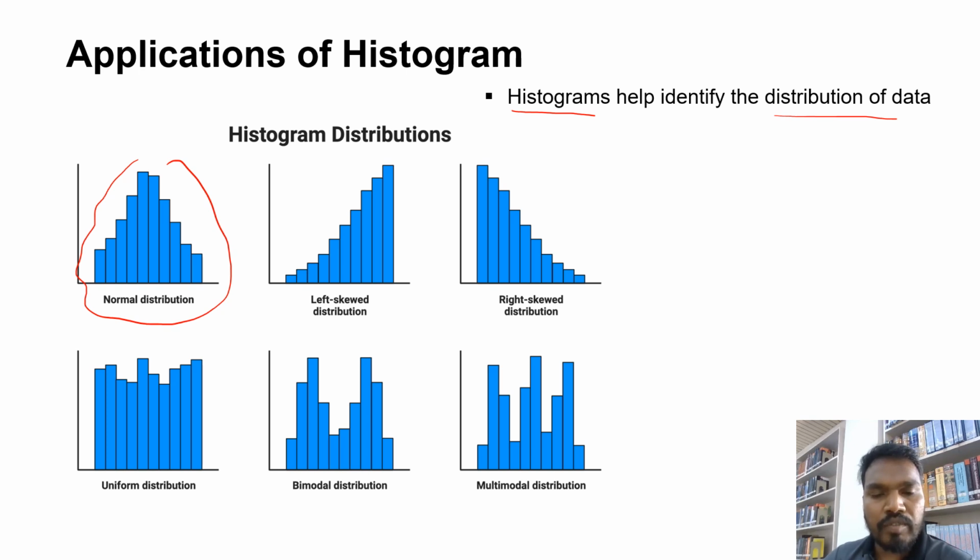If it is increasing from left to right, then it is a left skewed distribution. If it is coming from right to left, then it is a right skewed distribution. If they are almost uniform, then it is a uniform distribution, then binomial distribution, then multi-modal distribution. These are all the things we will be learning in the next coming sessions. So these are the ways we can use histograms to identify which kind of distribution it is.